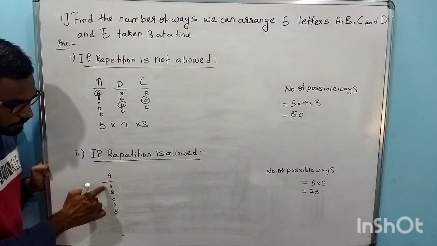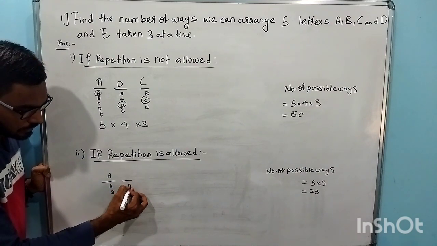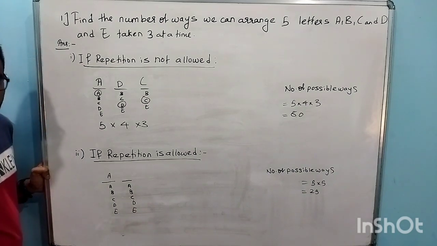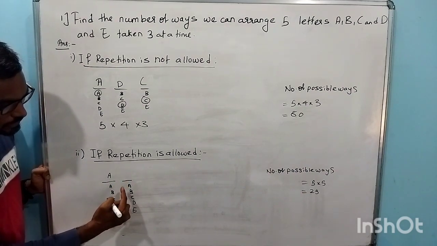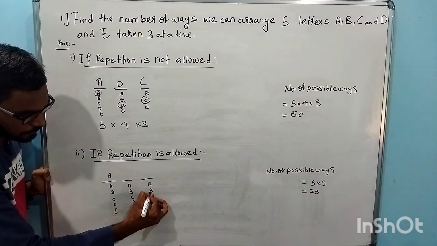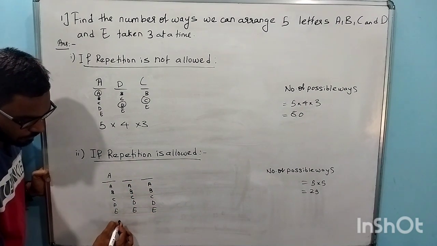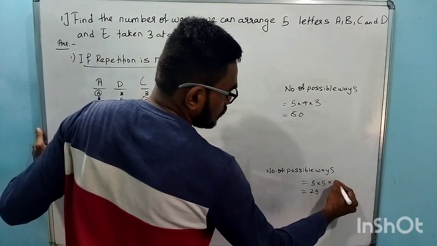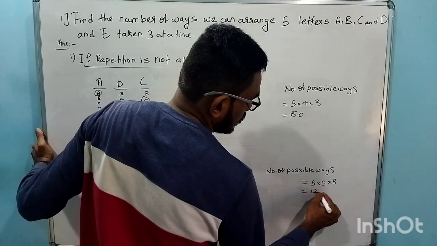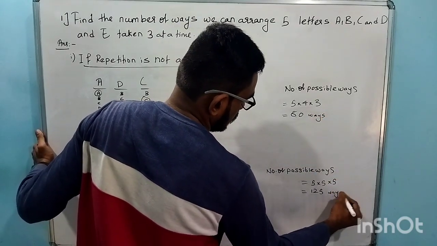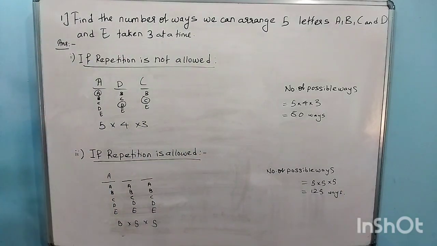Now if I selected one from here, for example A, then for the second place also there are 5 ways, because repetition is allowed, we can select A also here. Even third place 5 ways. So 5 into 5 into 5, so it is 125 ways.